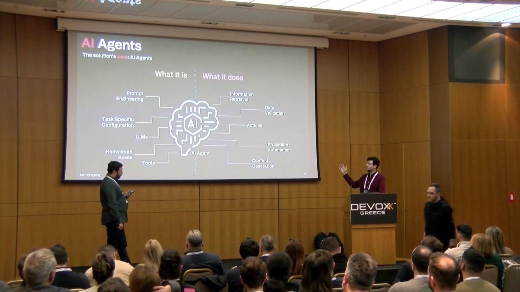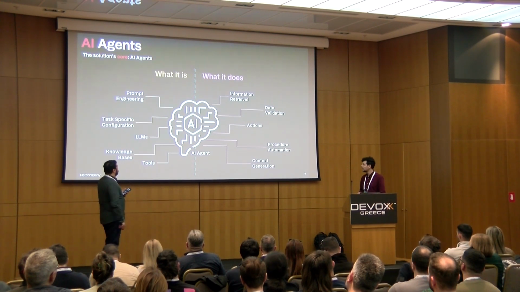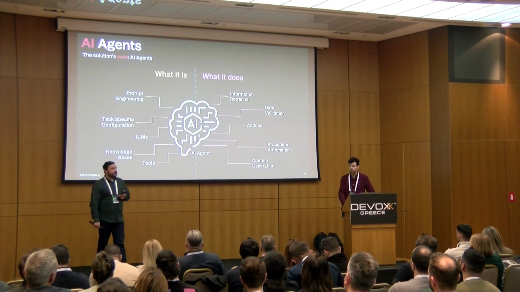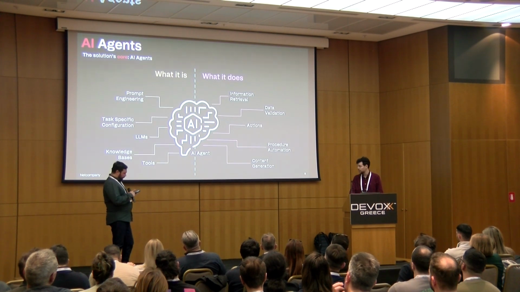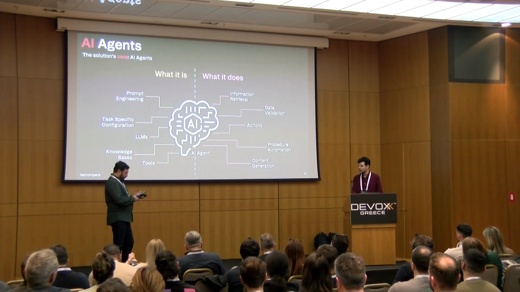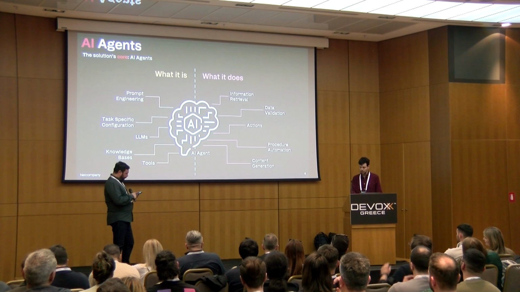So in general, it retrieves info, it validates data, it takes actions, it automates procedures, and as we all know, it's very capable of generating content. So I'll hand it now to Mike for a deep dive into our agentic framework.